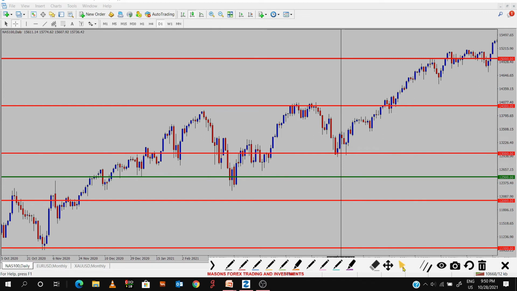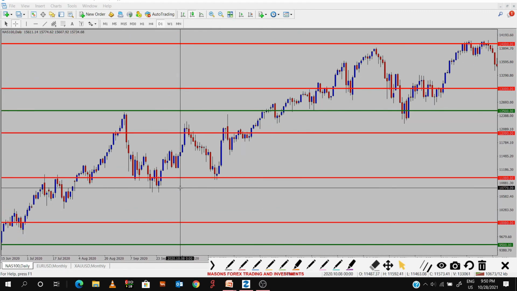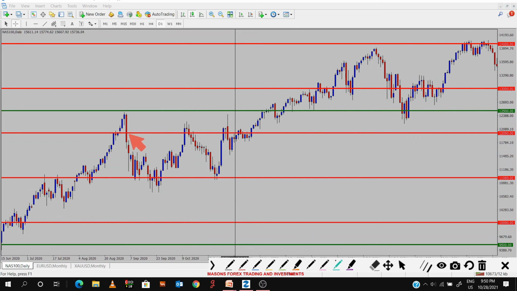Let us move to 12,500. Again, 12,500 is significant. You can see price pushes up, moves lower, resistance. In the future, resistance becomes support.